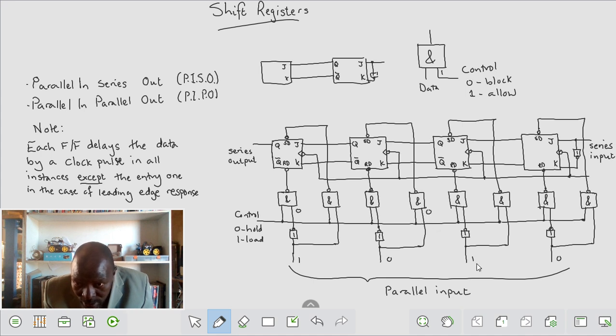What's happening here is the line that is blocked is the reset line, because we are setting. The line that is blocked is the set line, because we are resetting. The line that is blocked is the reset line, because 1 is a set. The line that is blocked is the set line, because 0 is a reset. Okay, to load a 0 we need a what?